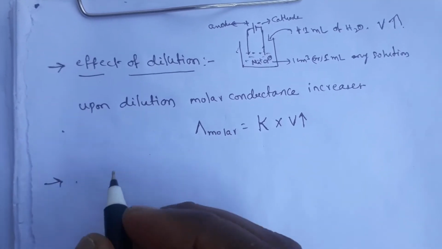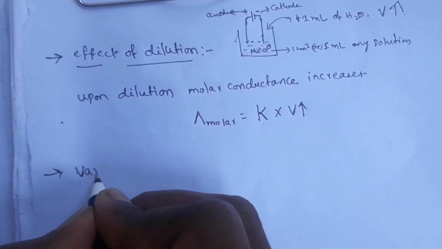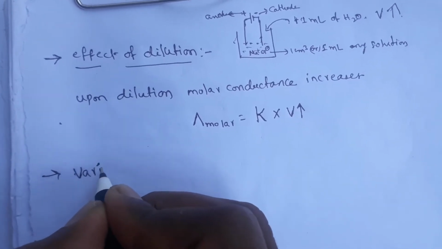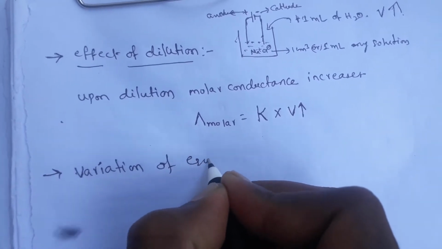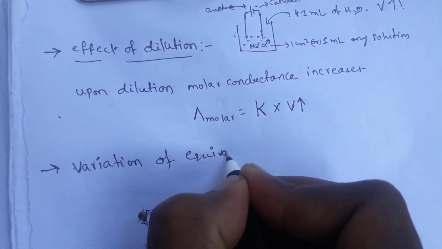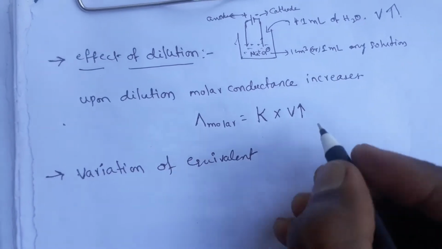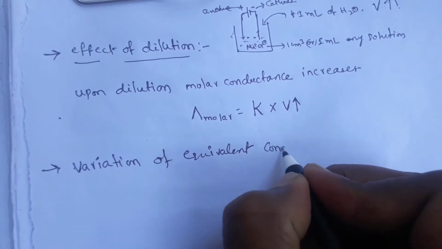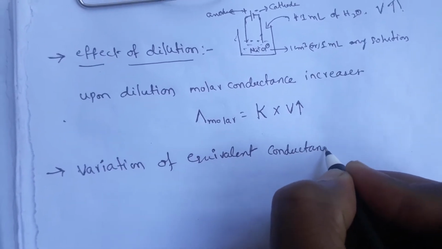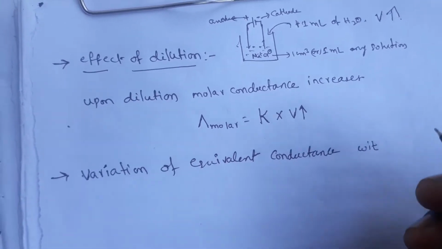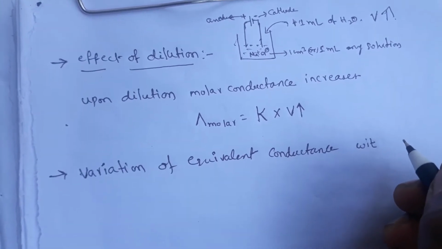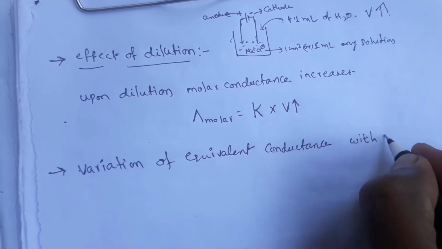The next thing is variation of equivalent conductance with concentration and dilution.